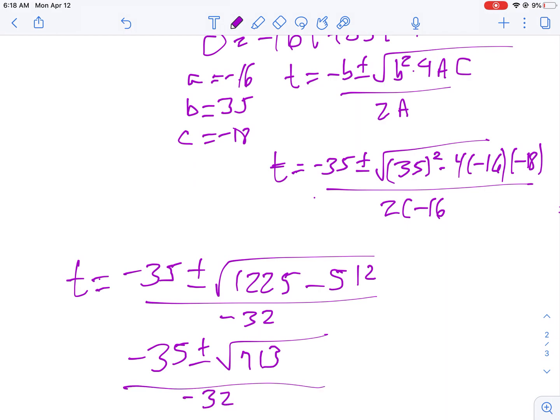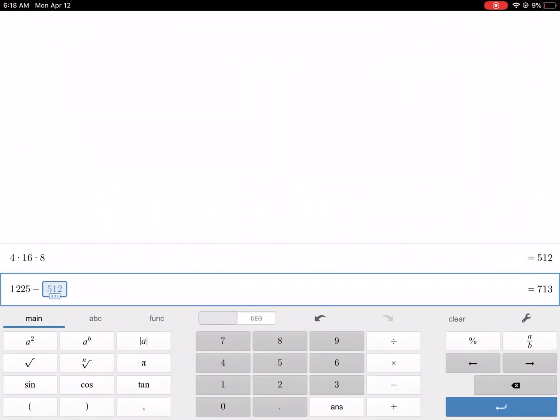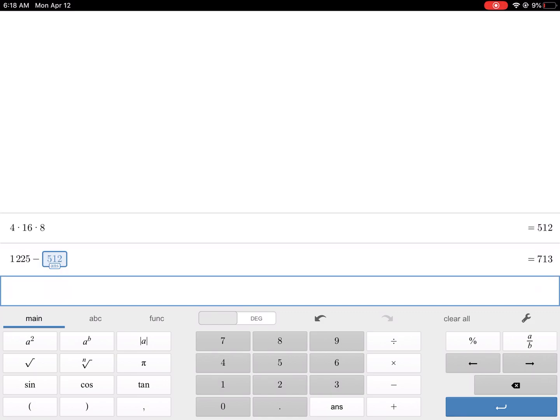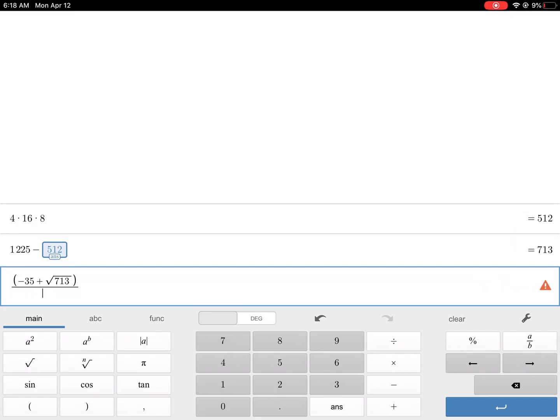So now let's find this. Negative 35 plus the square root of 713, we'll divide that by negative 32, and we get 0.69.